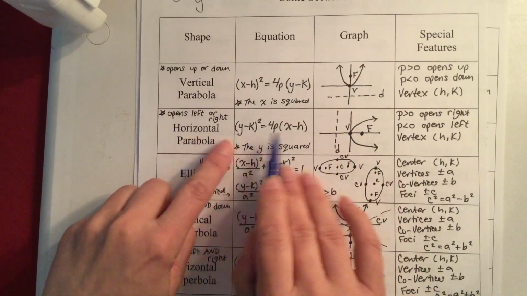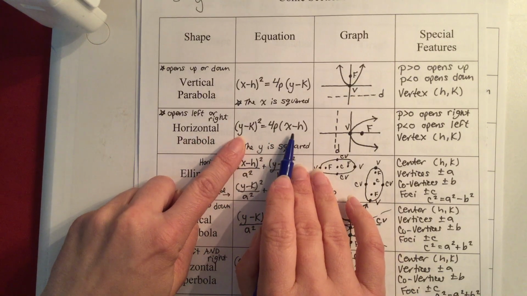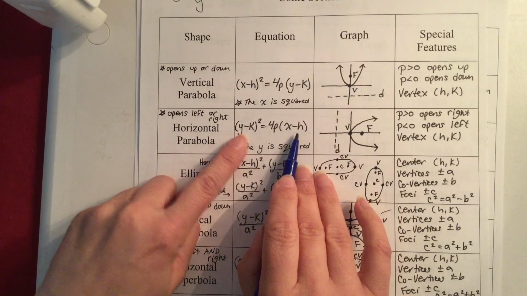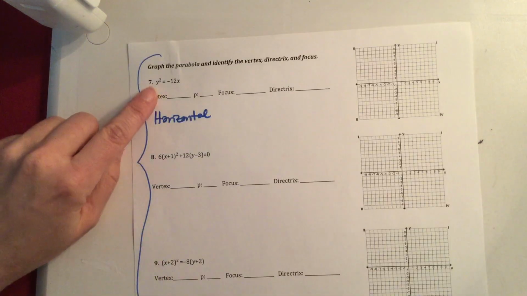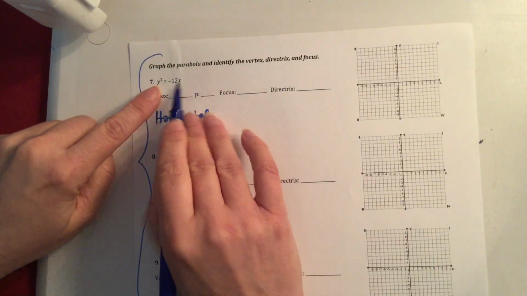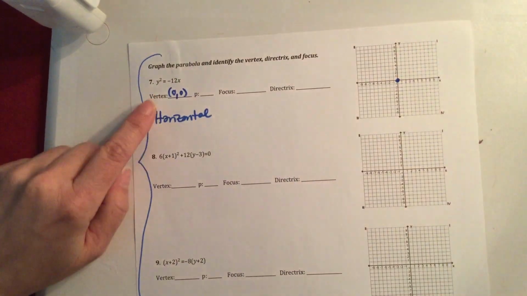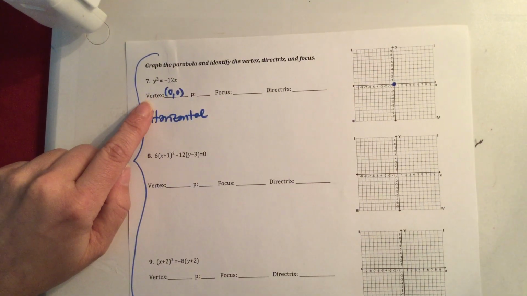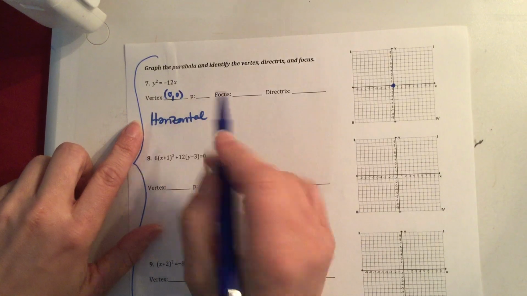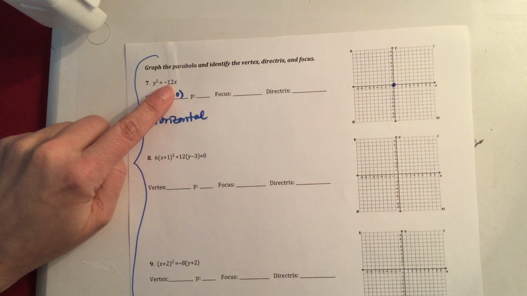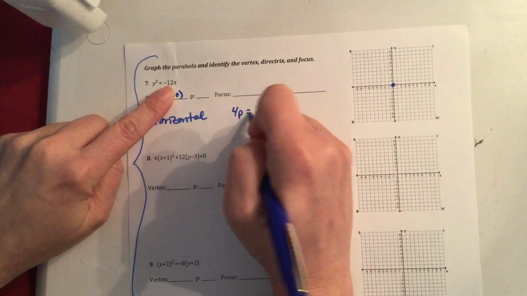Here is my equation. We're looking at a horizontal parabola, so in parentheses, what are you subtracting from x and y? Well, this first one, I'm not subtracting anything from x and y in parentheses. So my vertex is at 0, 0. Now p. When you look at the formula, in front of the variable that is not squared, it says it's 4 times p.